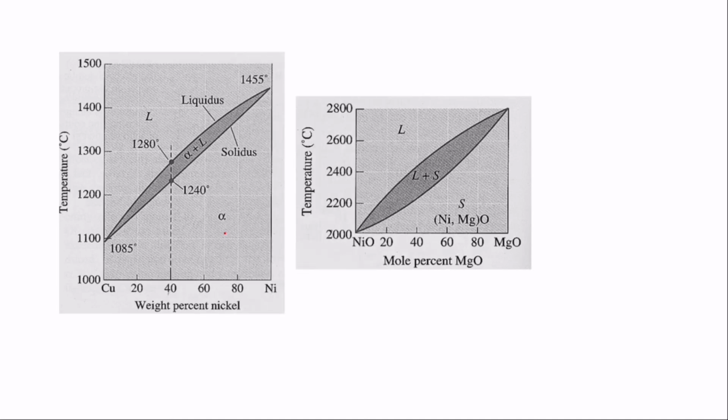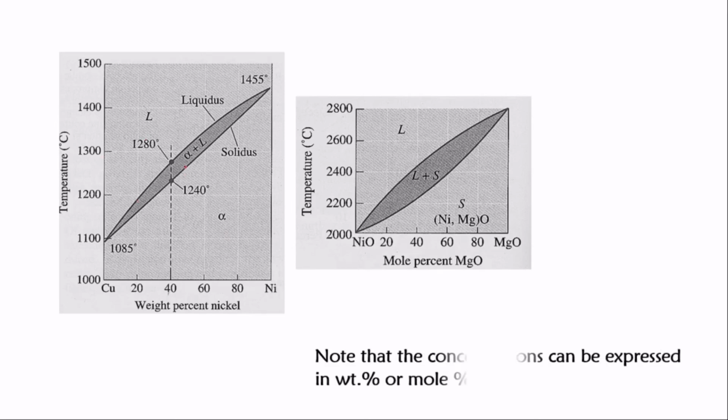So look at this. What I want you to notice is that they are trying to explain something. See their composition. This is temperature against composition. We need to know that the composition can be in weight percent or what? Mole percent.